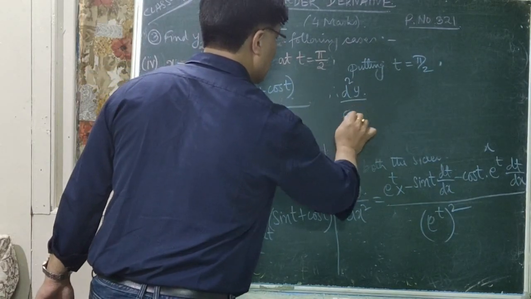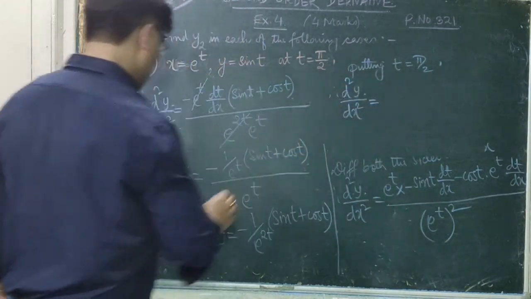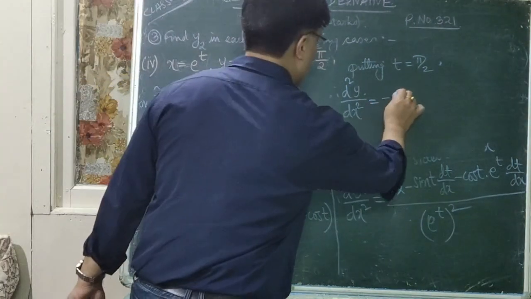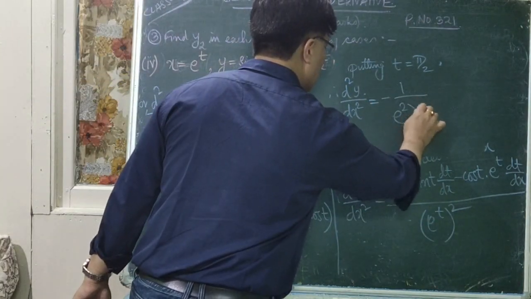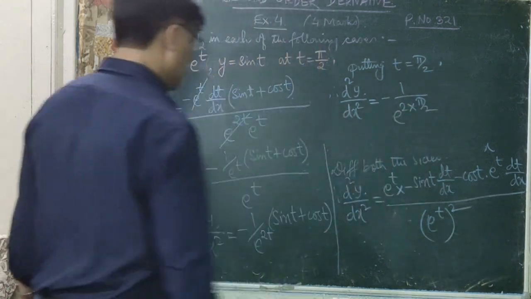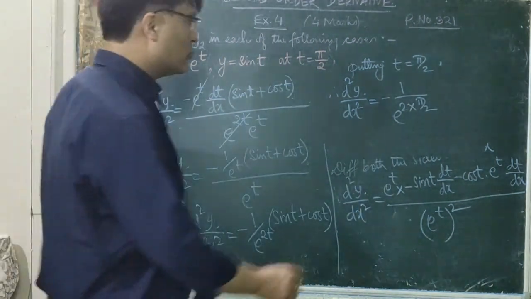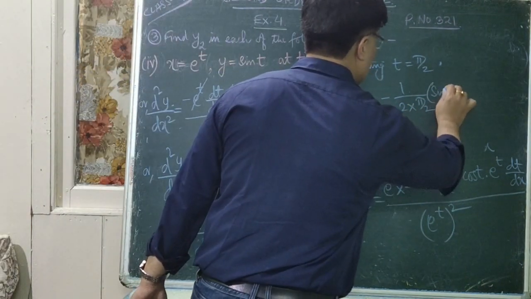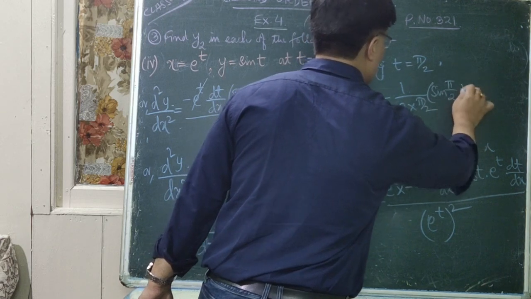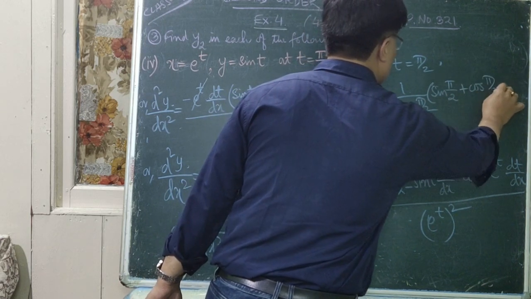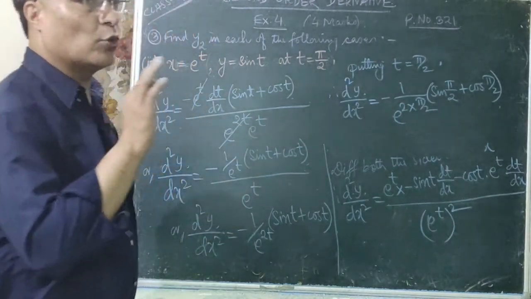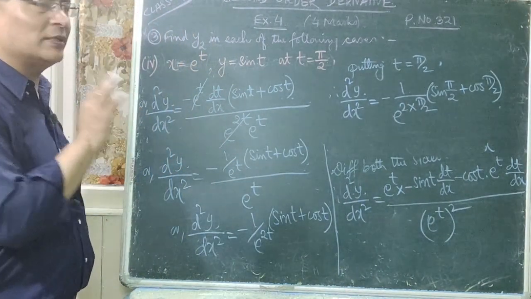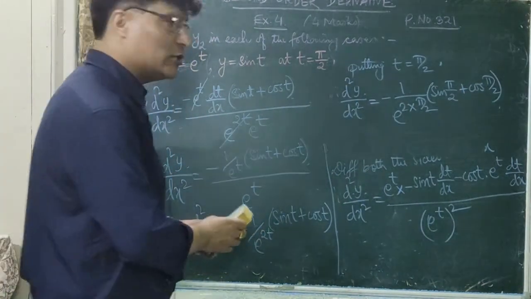Therefore d square y by dx square is equal to minus 1 upon e to the power 2 into, what is t here? It is pi by 2, and within the bracket what do we write? Sine pi by 2 plus cos pi by 2. So wherever there is t, you put t is equal to pi by 2. That is your 90 degrees.